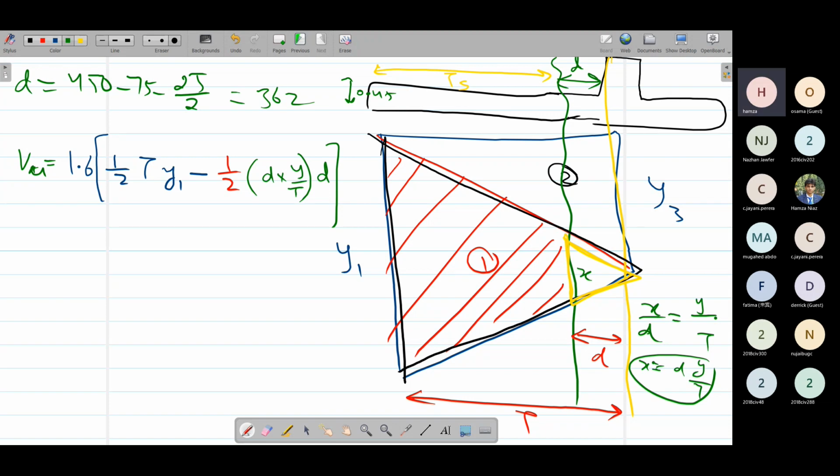Okay, this way we can get the highlighted triangle area for the first triangle. Now again we have to do this for the second triangle plus 1.6 times. Now if we assume this ordinate as y, using similar triangles, this is y3.